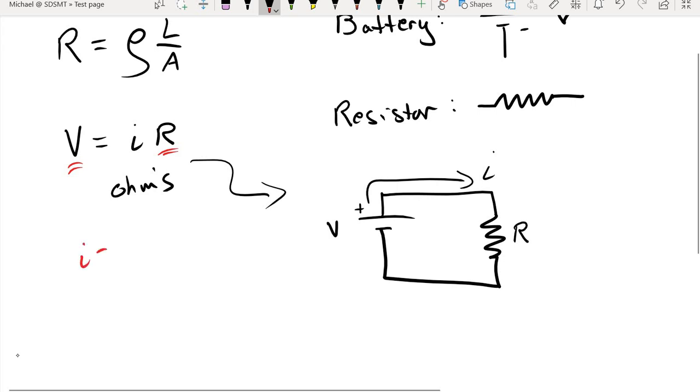In other words, the current in our circuit is determined by the ratio of potential to resistance.